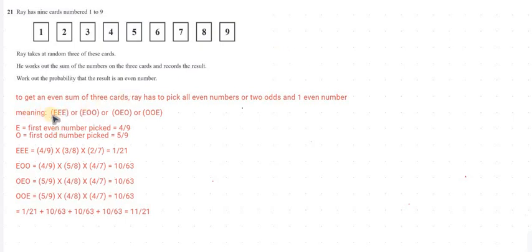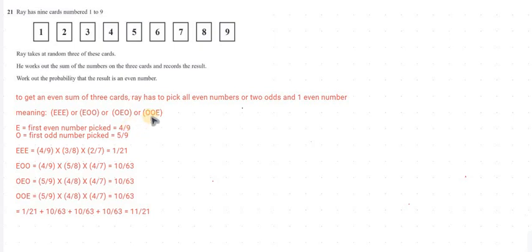You either pick all even numbers, or you pick an even first and 2 odds, an odd, even, odd, or odd, odd, even. These are all possibilities. They look the same, but since we're not replacing the cards, the possibility can come in different forms.